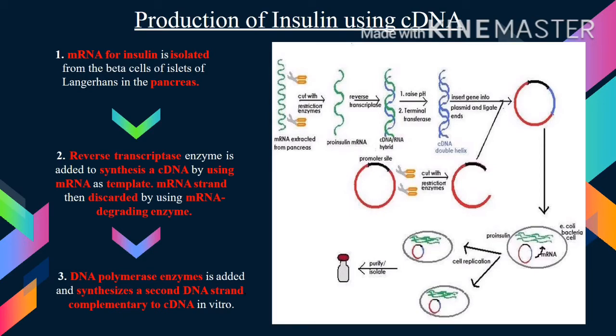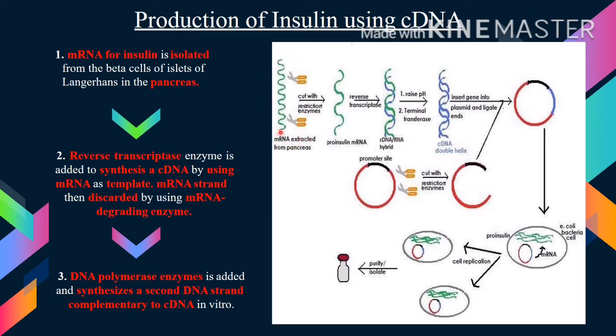The first step is the isolation of our desired gene. mRNA for insulin is isolated from the beta cells of the islets of Langerhans in the pancreas. So have a look at the diagram on your right. We have mRNA extracted from the pancreas.